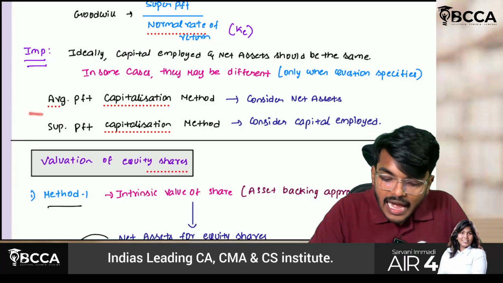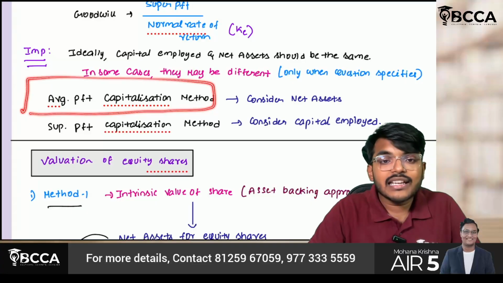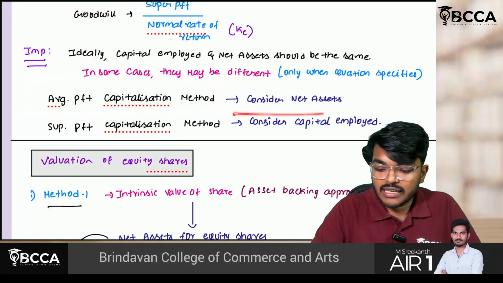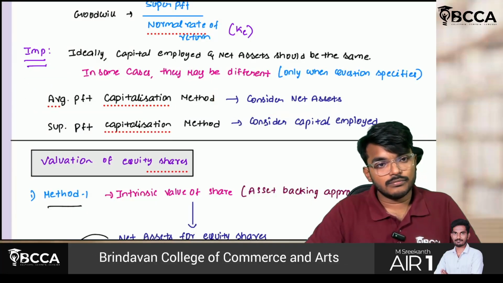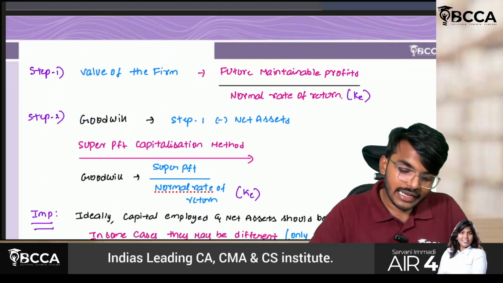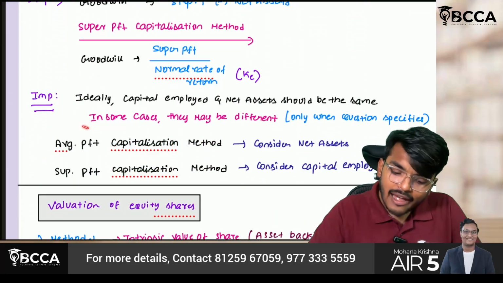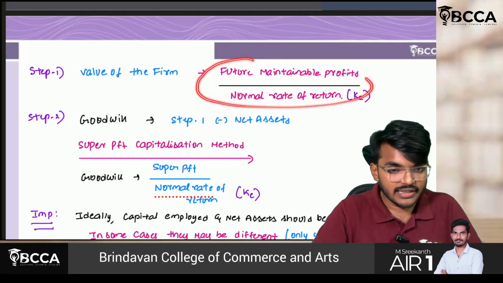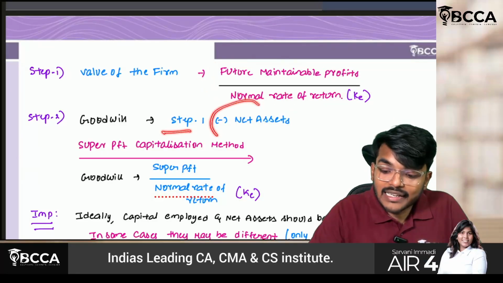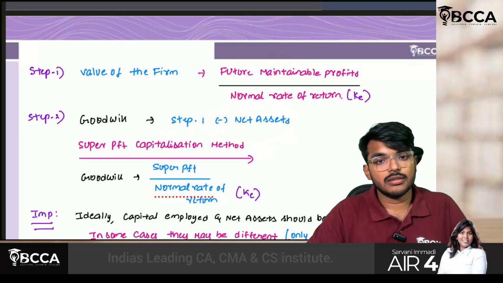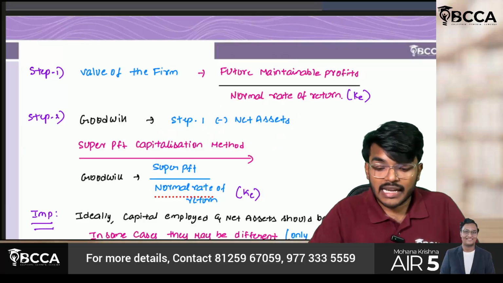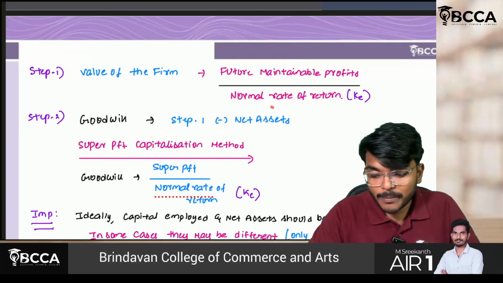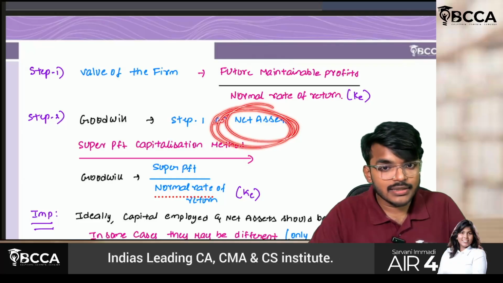While calculating the average profit capitalization method, consider net assets. For example, this point is there, na? This is normal, and in step 1 minus, here you have to take the net assets. Remember, while calculating the average profit capitalization method, please take net assets.